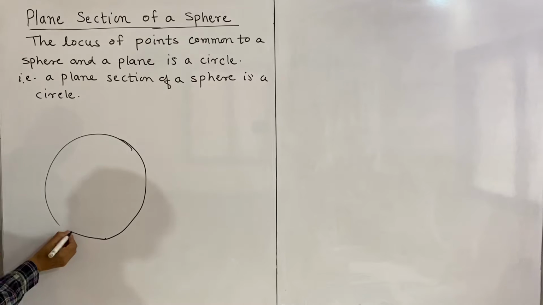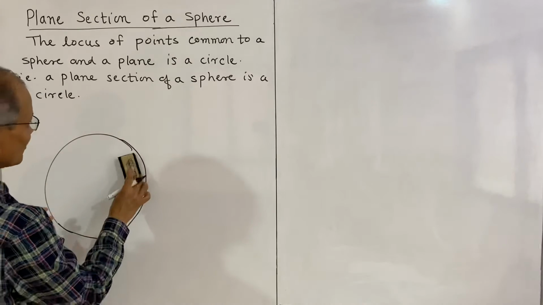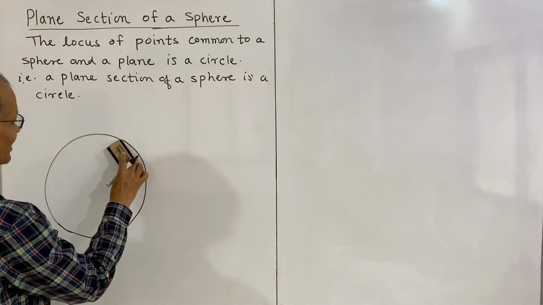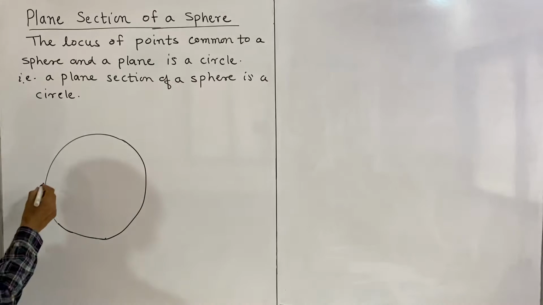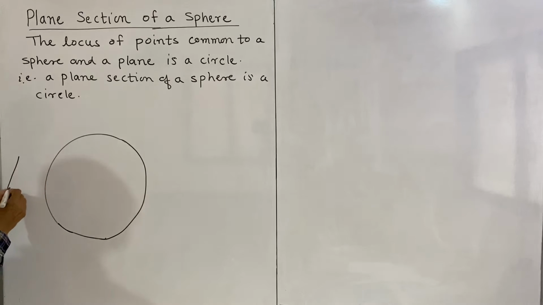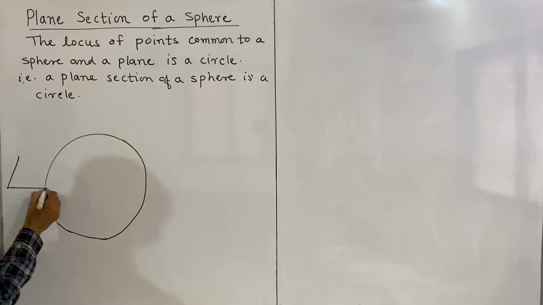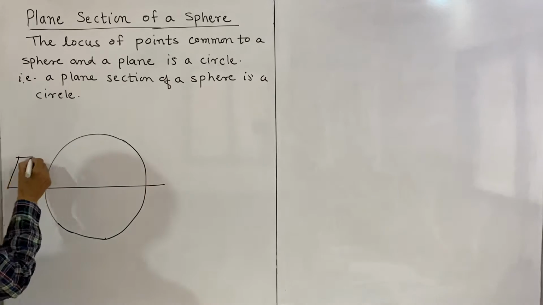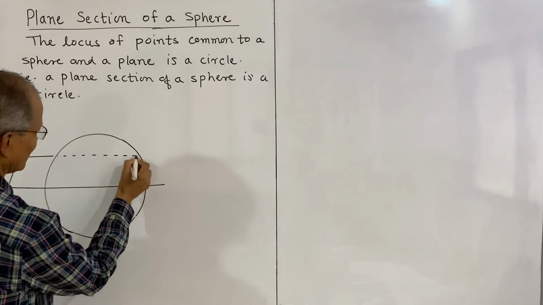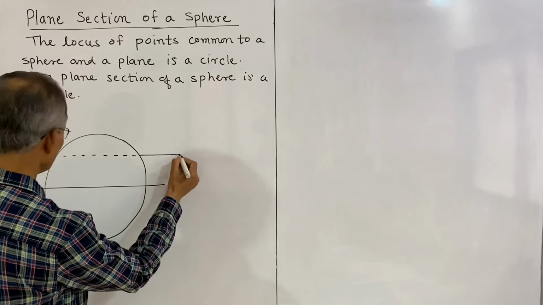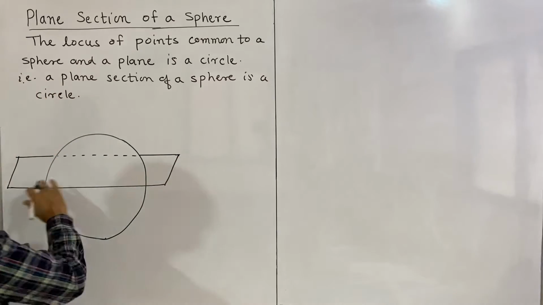We shall suppose this is a sphere, and now we want to take its section by a plane, and that plane can be considered or assumed like this. This is the plane which cuts the sphere.